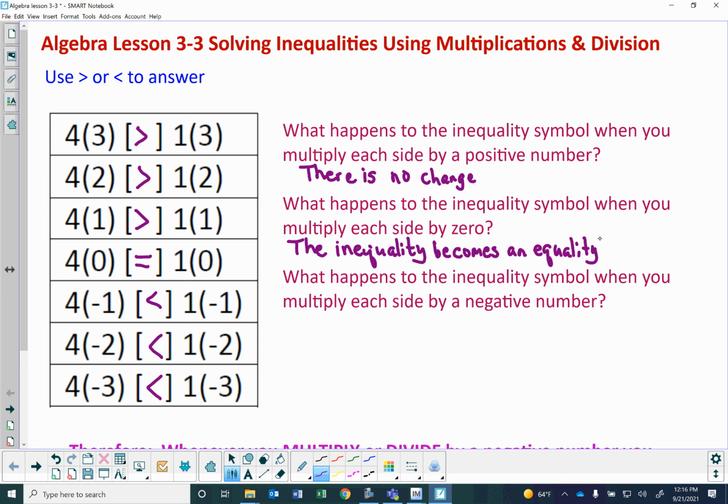And last but not least, what happens to the inequality symbol when you multiply each side by a negative number? Well, when you multiply by a negative number, you'll notice the inequality symbol switched. That's what happened when we multiplied 4 times negative 1, 4 times negative 2, and 4 times negative 3. So the inequality symbol is reversed.